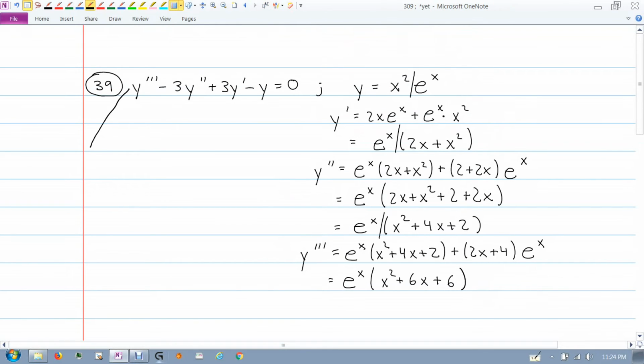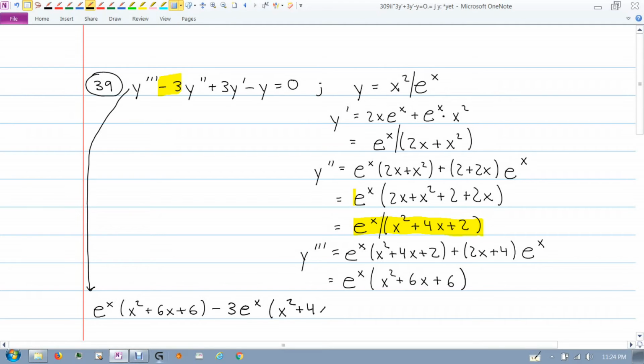All right, let's see what we got. Y triple prime is e to the x, x squared plus 6x plus 6, minus, let's see, if I take negative 3 and multiply it times this one right here, y double prime, I'll get minus 3e to the x times x squared plus 4x plus 2, and then plus 3 times y prime, and y prime is here.